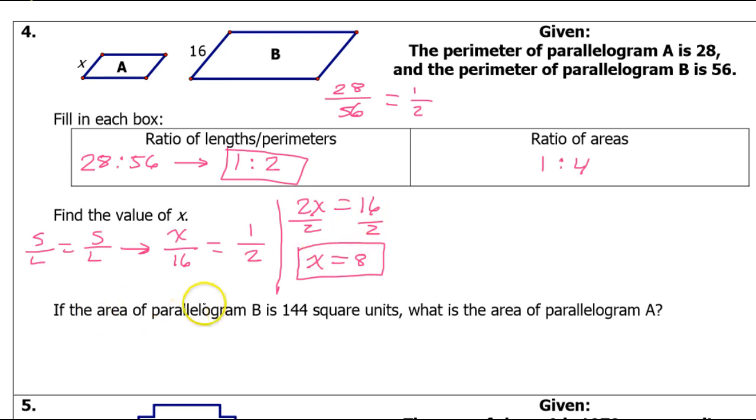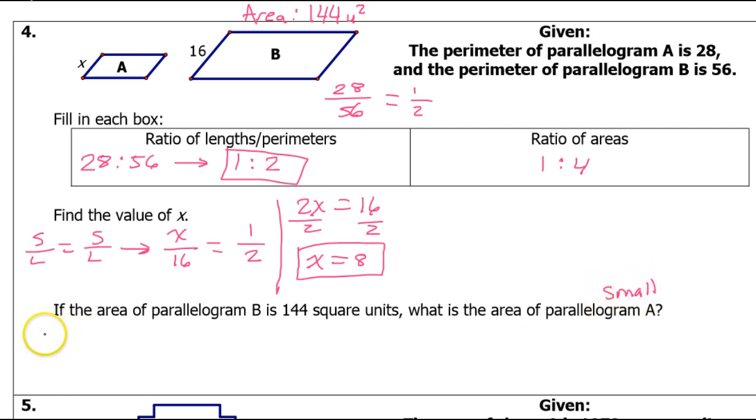Now, the area of the parallelogram B is 144. So we're talking area is 144 square units. So obviously that's the bigger area. So what's the area of parallelogram A? So understand that we're talking about the small area now.